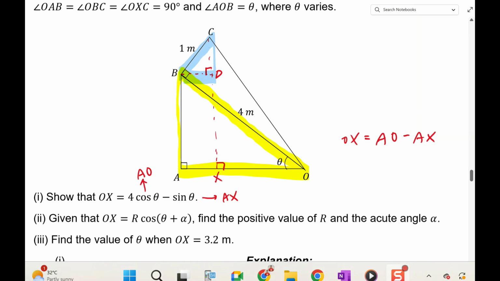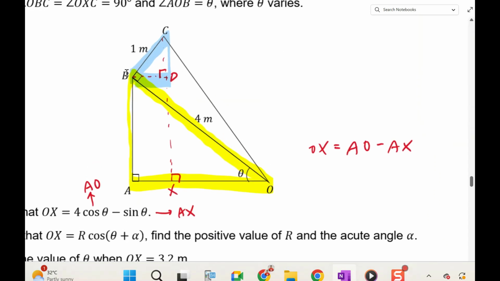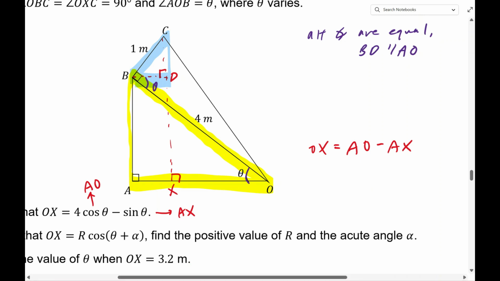We have to use our 90 minus theta, because from our geometrical properties, we can see that this angle BOA is equivalent to this angle DBO because of the property that alternate angles are equal and BD is parallel to AO. Therefore, you will know that DBO is theta, and now you can find CBD, which is 90 degrees minus theta.